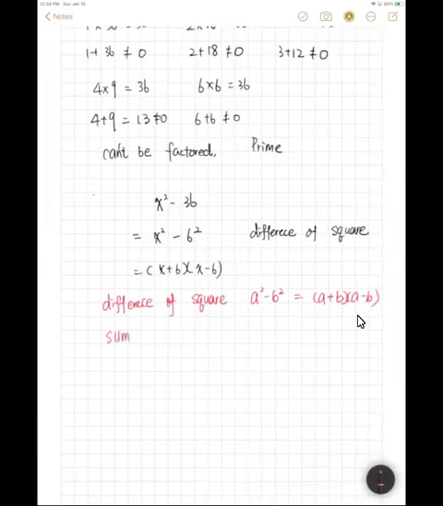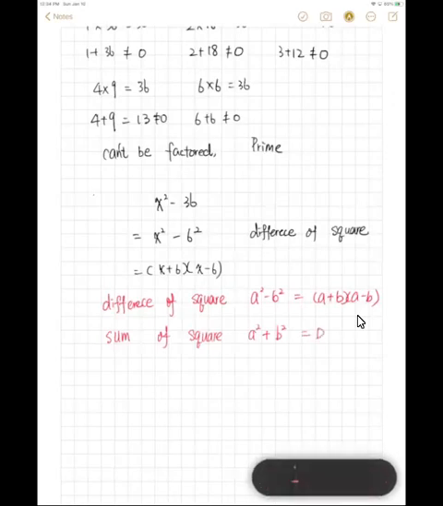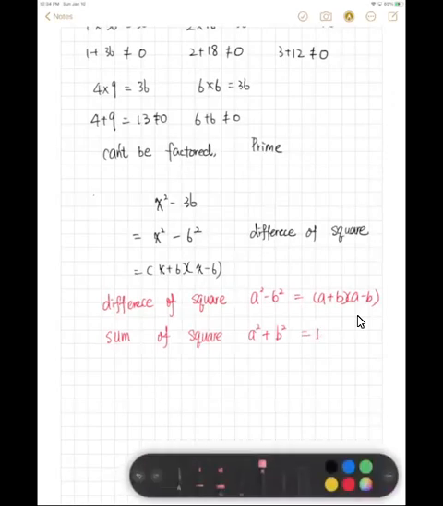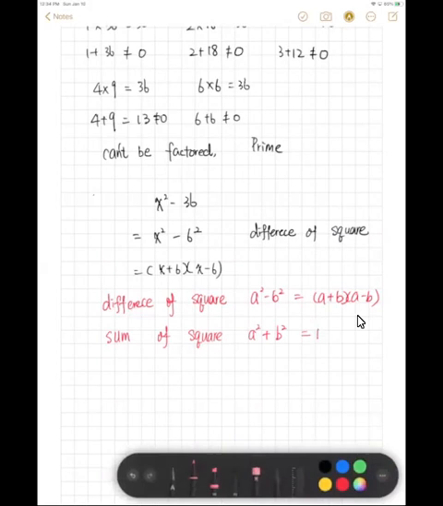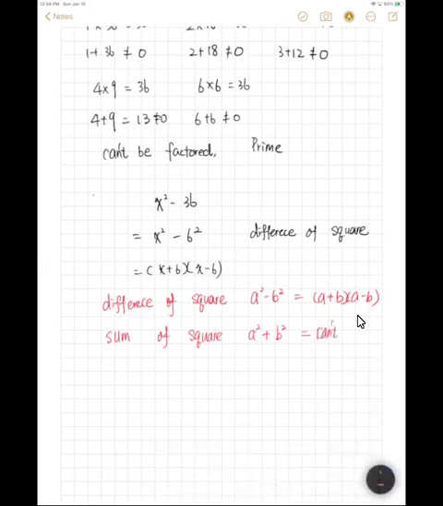But for the sum of squares, which is a squared plus b squared, this one can't be factored, right? This is prime.